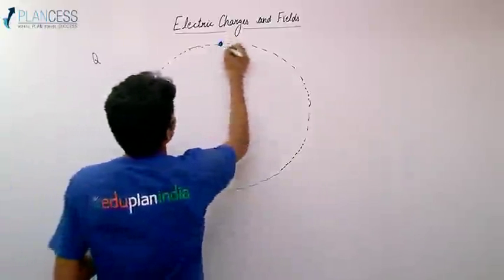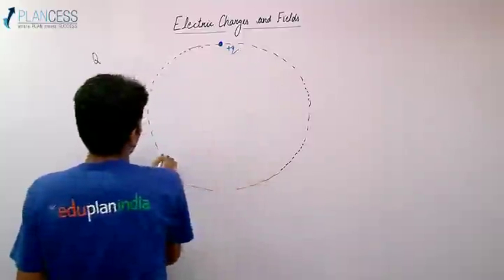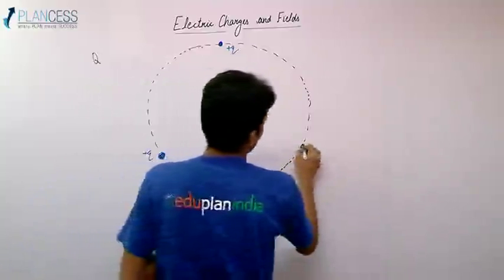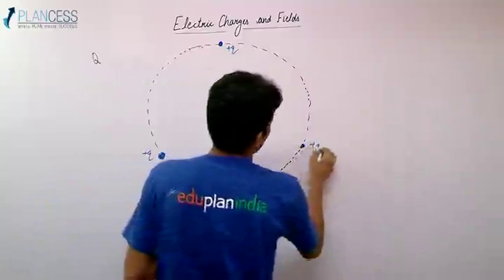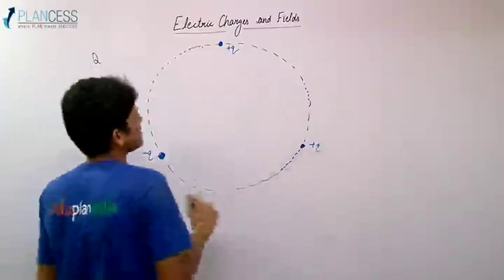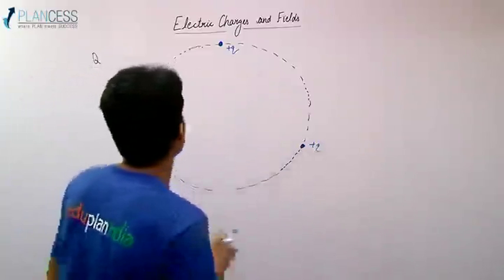Here is charge plus Q and they all are point charges. Here again is plus Q charge and here again is plus Q charge. These charges are placed symmetrically in this circle. The circle's radius is R.